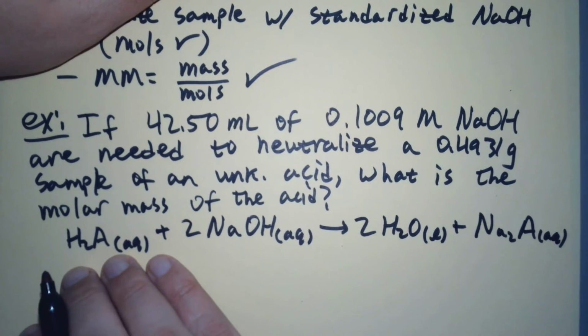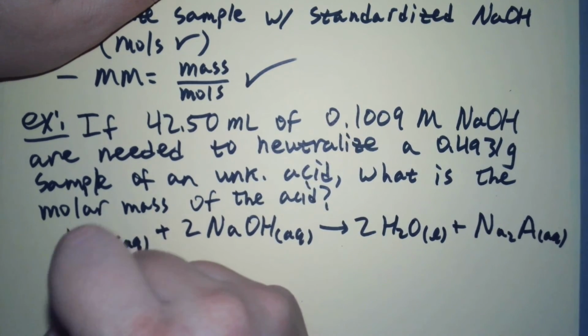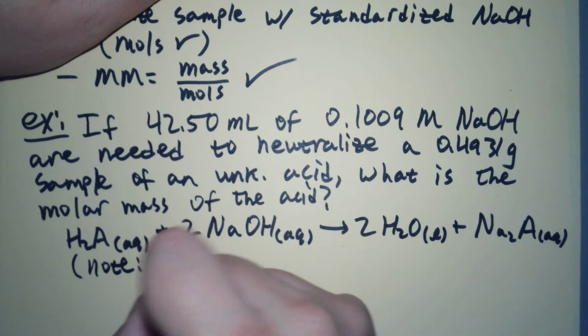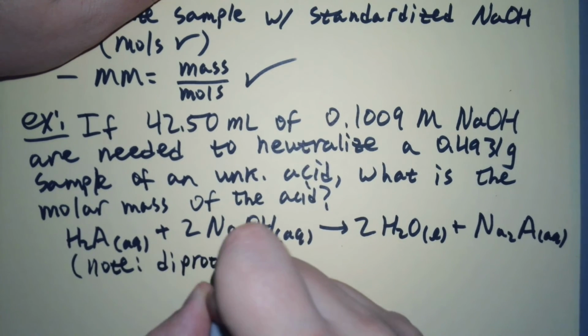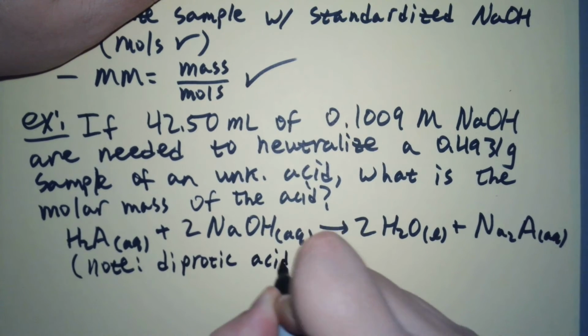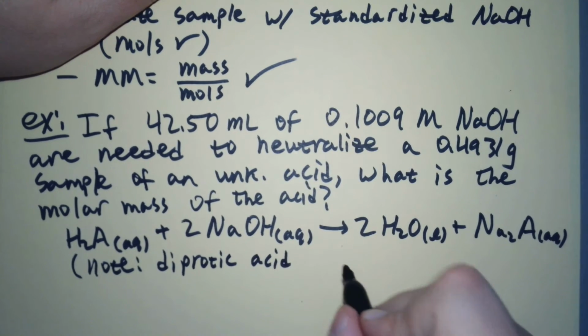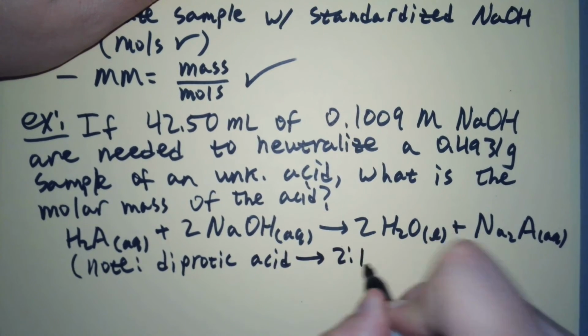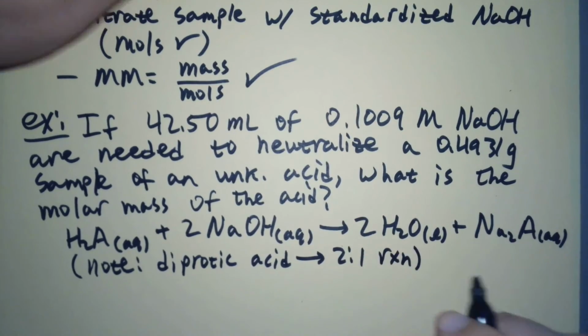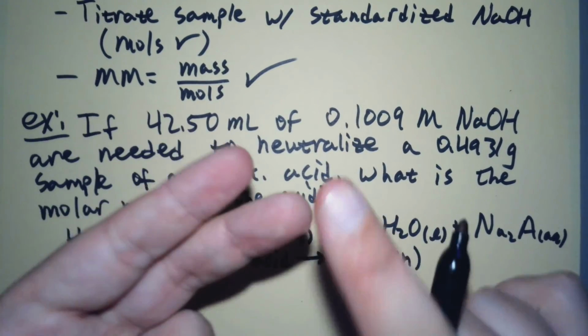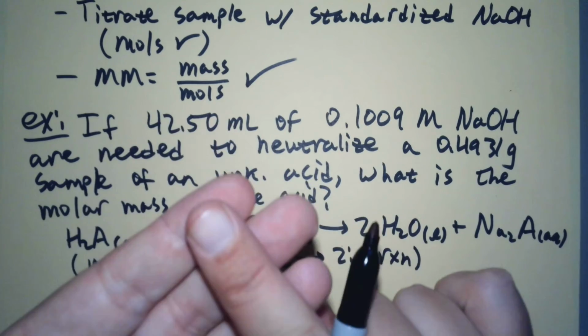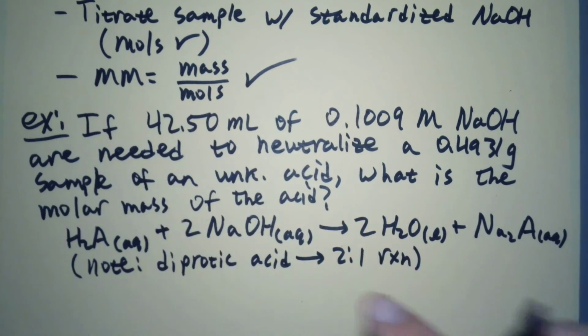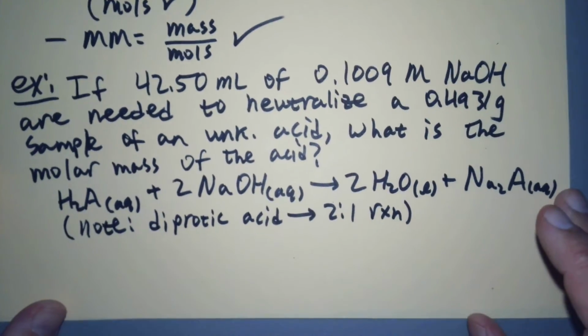So this is a diprotic acid. It releases 2 H pluses. It's a 2-to-1 reaction. So there's monoprotic, releases 1 H plus, diprotic releases 2 H pluses, and triprotic releases 3 H pluses. We won't worry about anything beyond that.